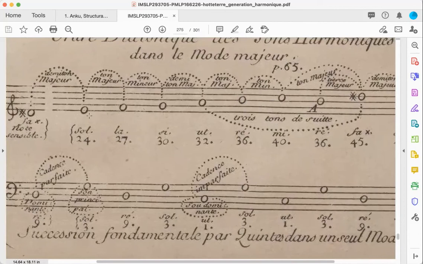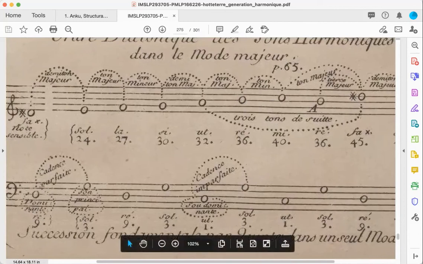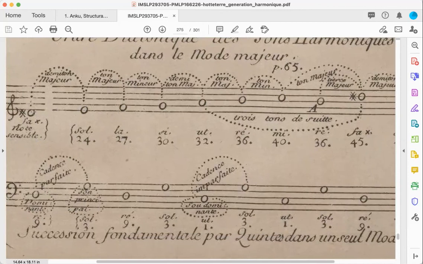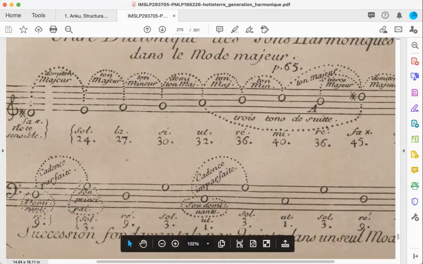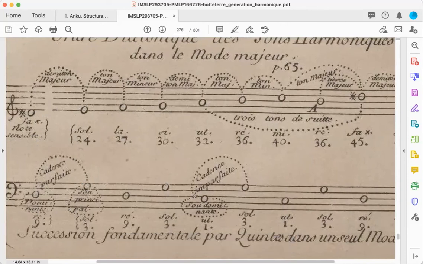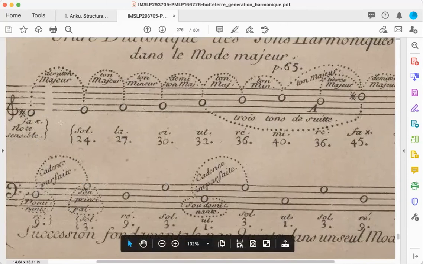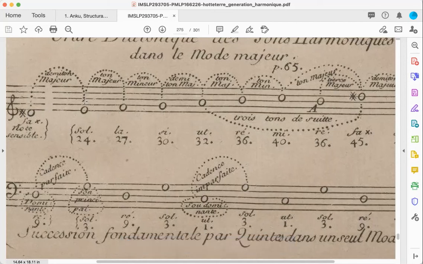You notice here what we've done is we've got two conjunct tetrachords, to talk in Greek terms again. We've got a series of perfect cadences in G, and then an alternation of G and C. So we have gone from scale degree 7 to scale degree 1, 2, 3, 4, 5, 6.